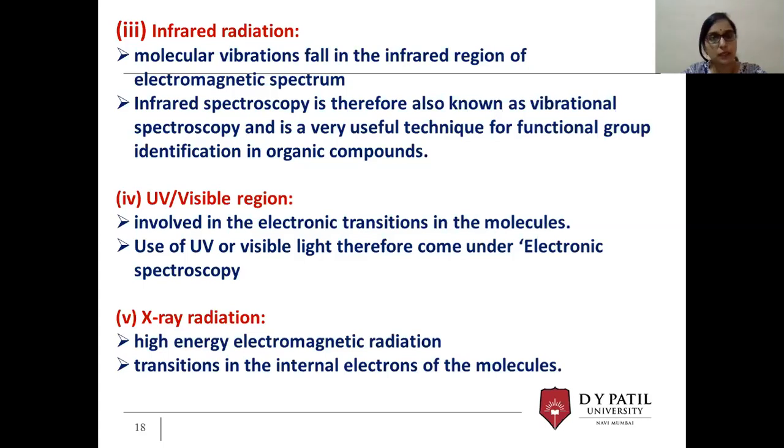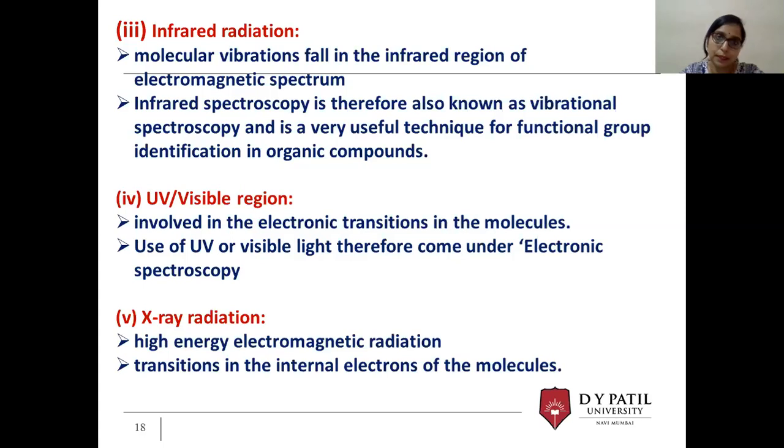Let's say you have put an organic compound into the sample and you are radiating it with infrared frequencies. If you analyze the spectra you obtain properly, then you can get an idea of the functional groups attached in the organic compounds or the compounds present in your sample.